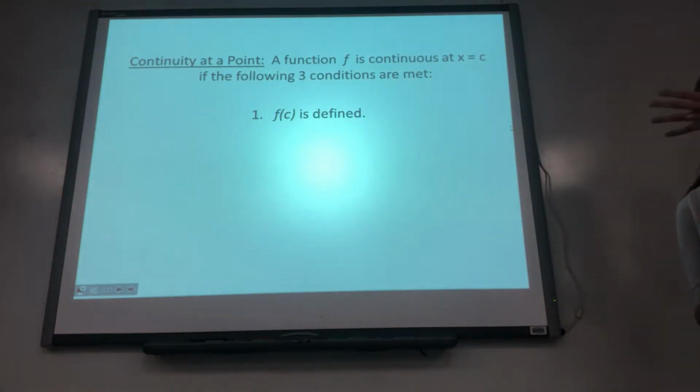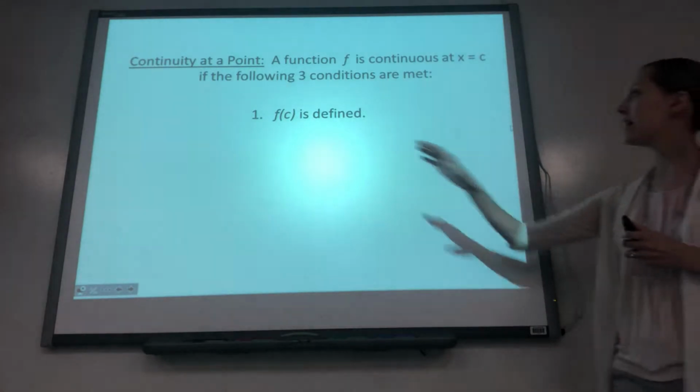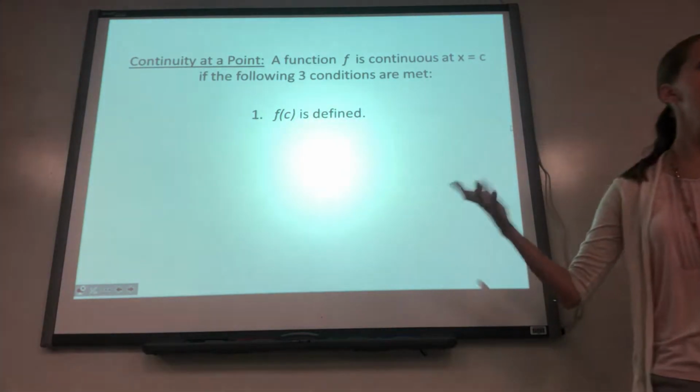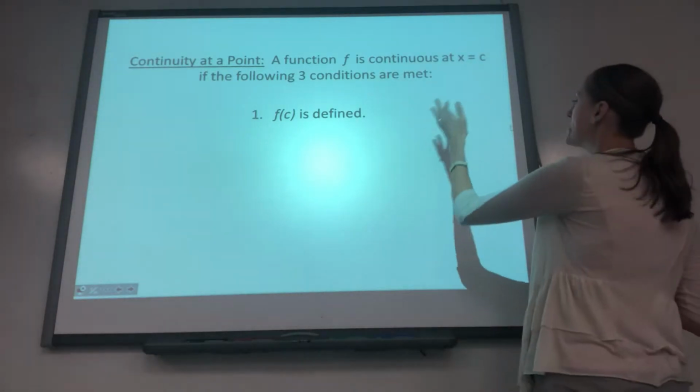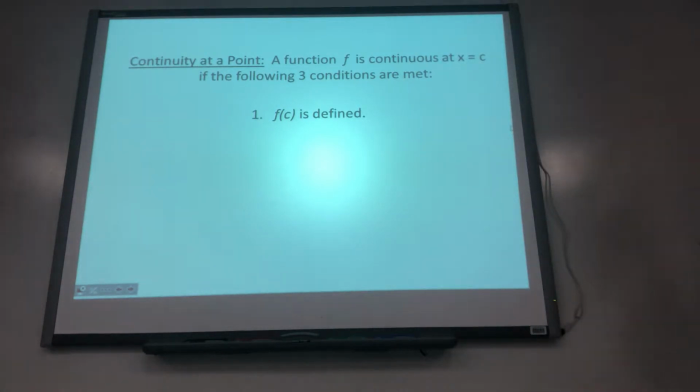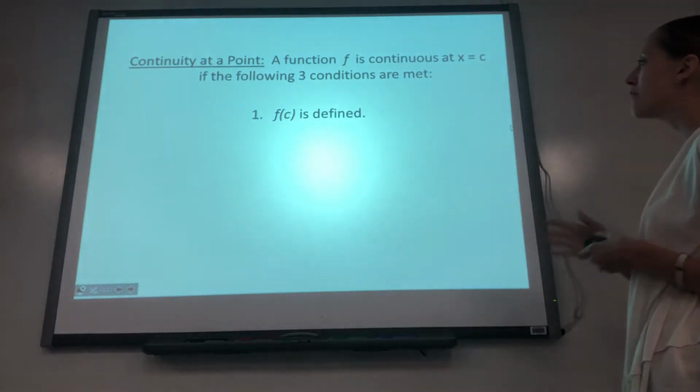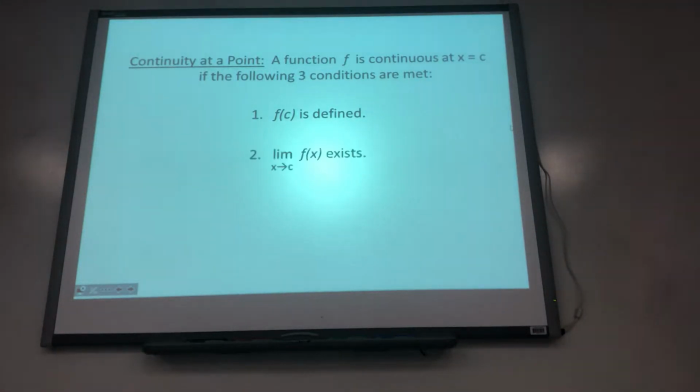And so, in particular, that means there can't be a hole. If there's a hole at x equals c, it would not be defined. So no holes. Also, no vertical asymptotes, anything like that. That would make it not defined at that value. So f of c has to be defined.